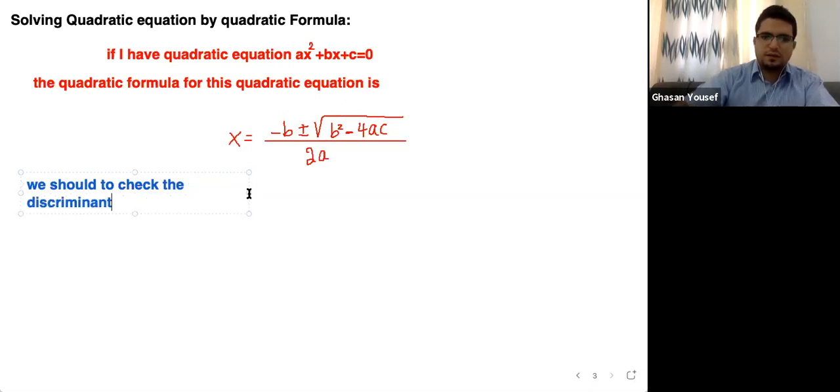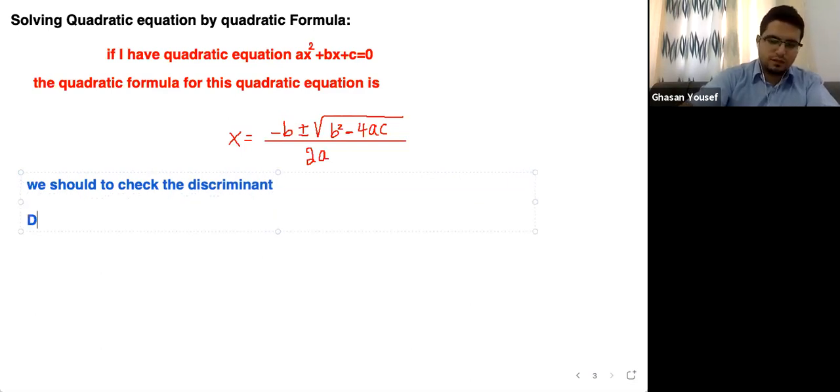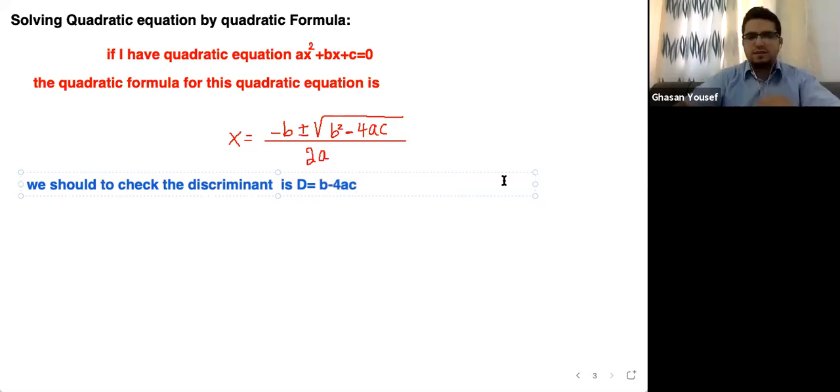The discriminant is denoted by d, so d equals b squared minus 4ac. This is the discriminant.